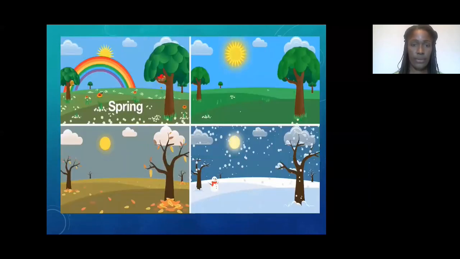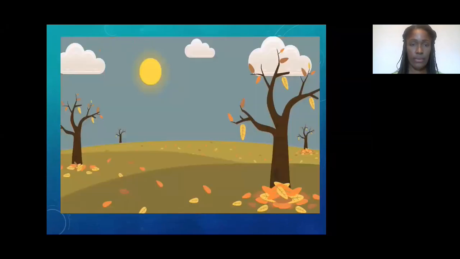Seasons of the year. Here comes the fall with the leaves changing color. Here comes the fall with the climate getting cooler.